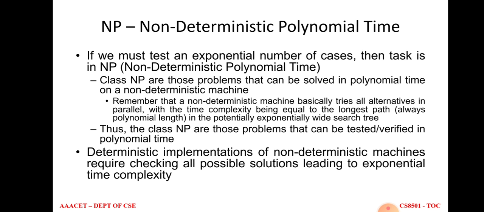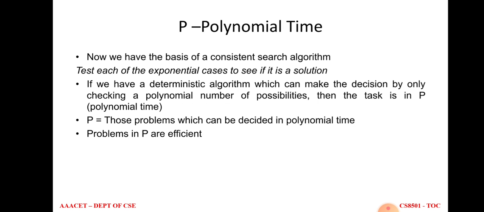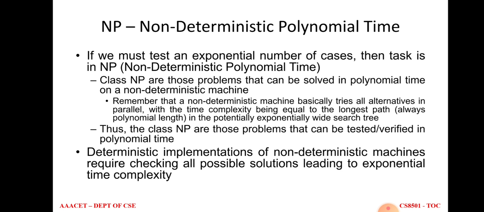That is non-deterministic polynomial time. It is not non-polynomial time. Here also the problems in NP can be solved in polynomial time, but on a non-deterministic Turing machine. That's why the name given for NP is non-deterministic polynomial time: P is polynomial time, NP is non-deterministic polynomial time.